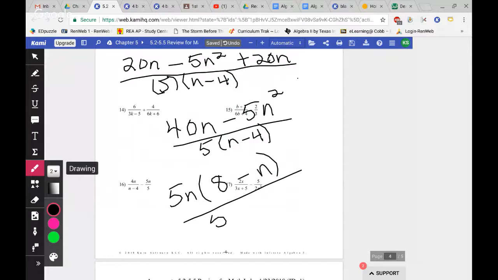And then that's all over 5 times n minus 4. And then this 5 will cancel. We've got n times 8 minus n all over n minus 4.